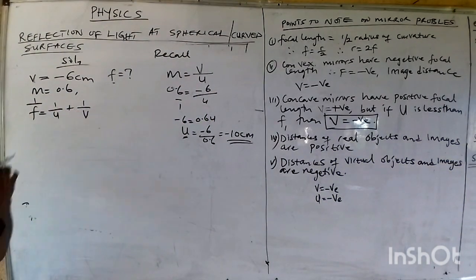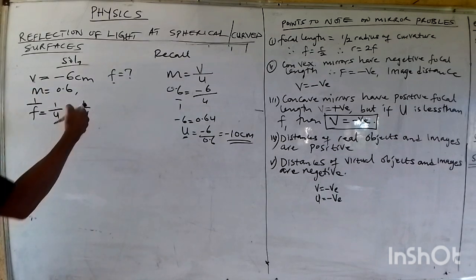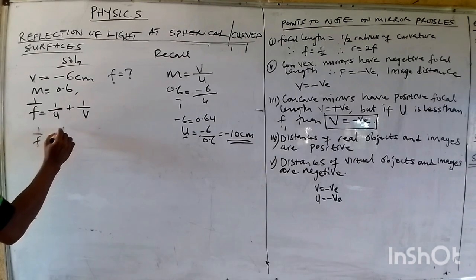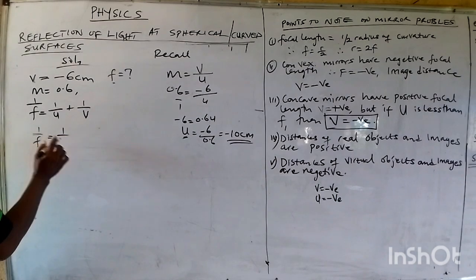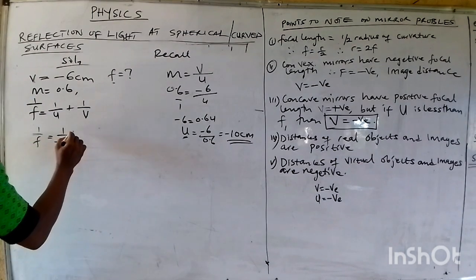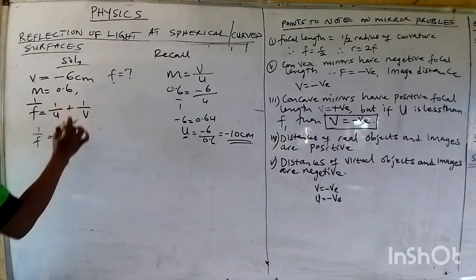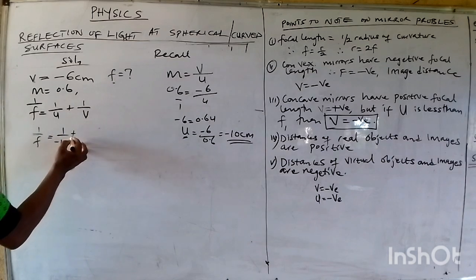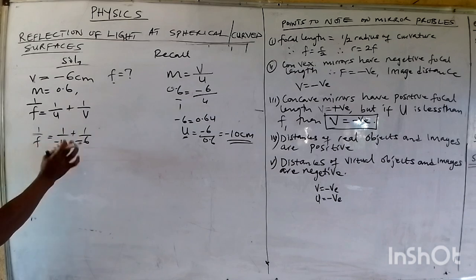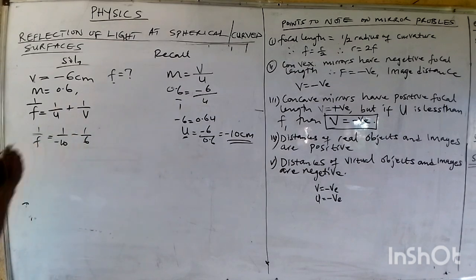Since we have our formula first, we can now substitute. 1 over F is equal to 1 over U. Our U is minus 10. Now, plus 1 over minus 6. And of course, 1 over minus 6 is the same as writing minus here.